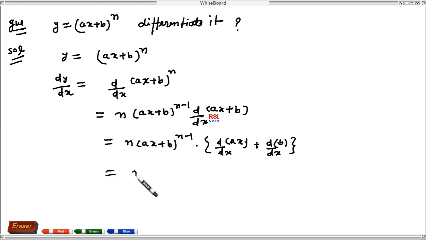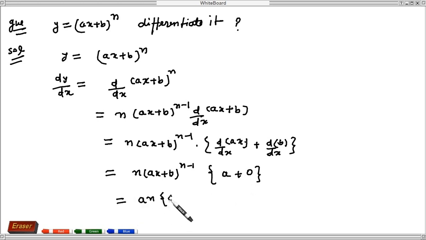So overall here we will get only a, a plus 0. So you will finally get n a, or an, a in bracket (ax plus b) raised to power n minus 1. That is the final answer.